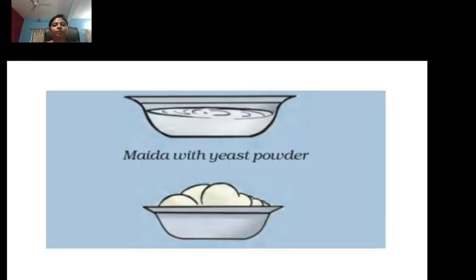So students, microorganisms are used for various purposes. They are used in the preparation of curd, bread, cake. They are also used in cleaning up the environment. How, students? How do microorganisms clean the environment?